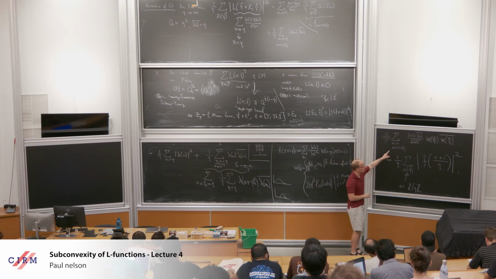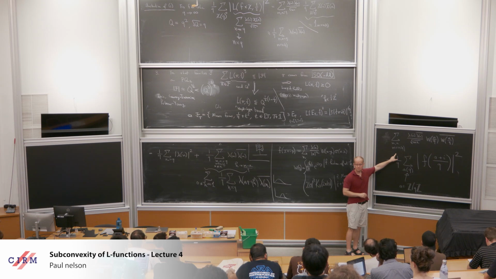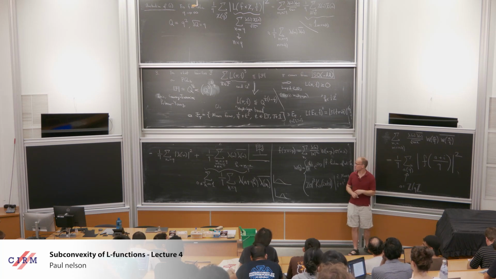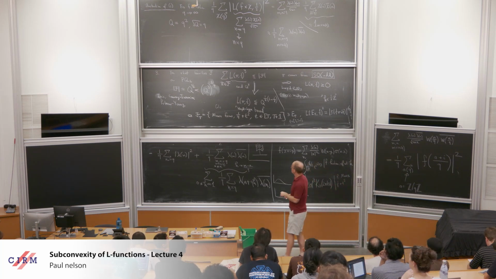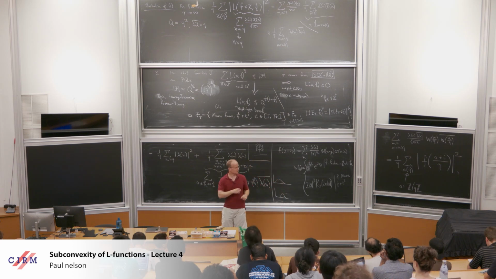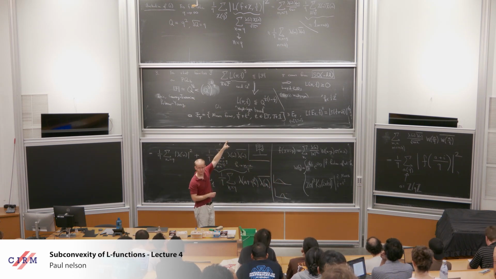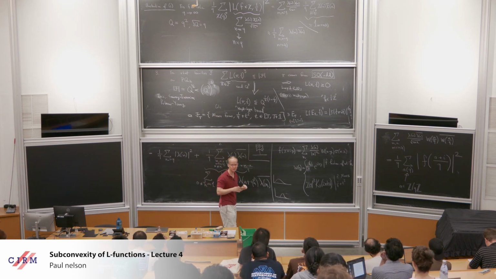It's m congruent to n. You're asking what does this mean? Okay, so let me say it again just to make sure it's clear. We started with the thing on the very top there, where there is just the condition that m and n be congruent, and we don't further divide the sum.